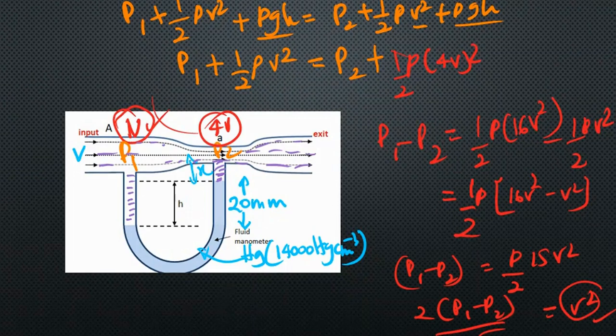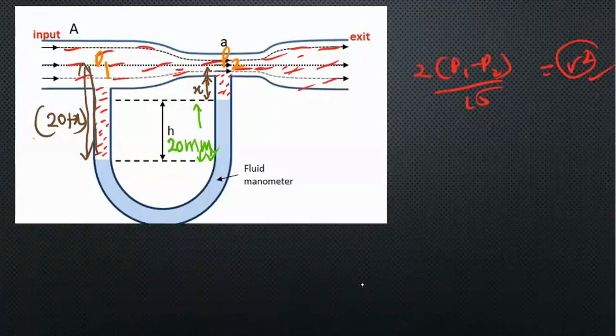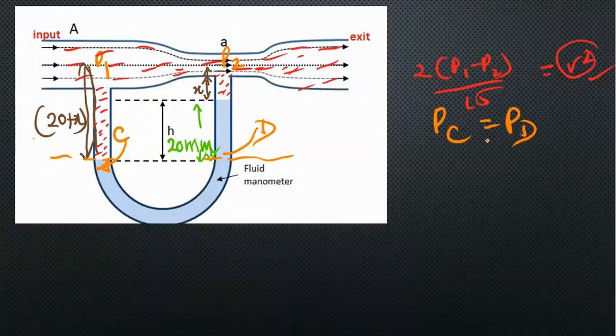To find P1 and P2, again we have to work on it. Now we have this equation, and to find P1 and P2 we have to use the U-tube. In a U-tube, equal levels in the same liquid have the same pressure. So let's say this is point C and point D. I know PC equals PD, right?